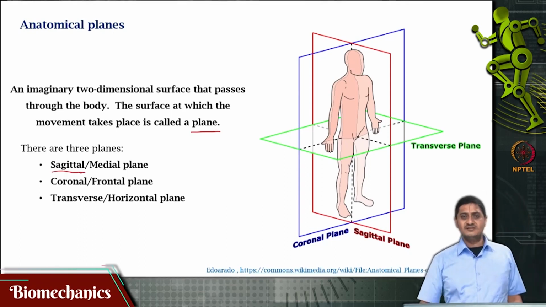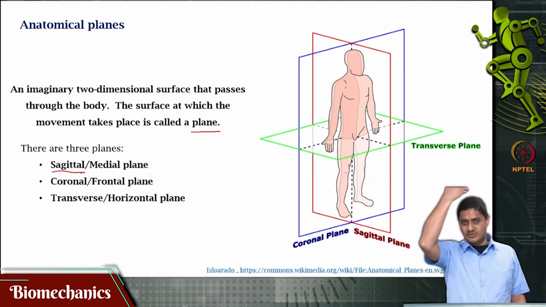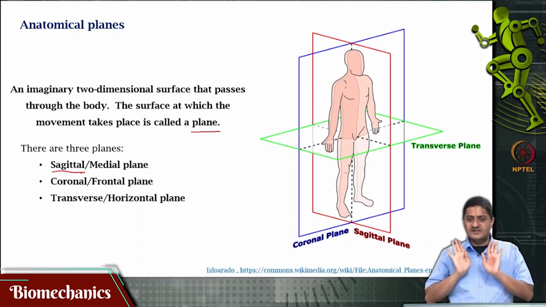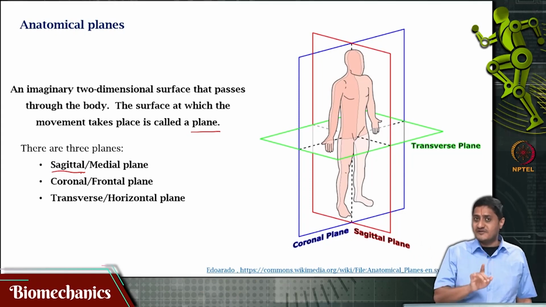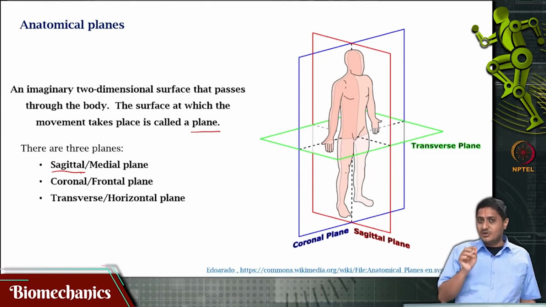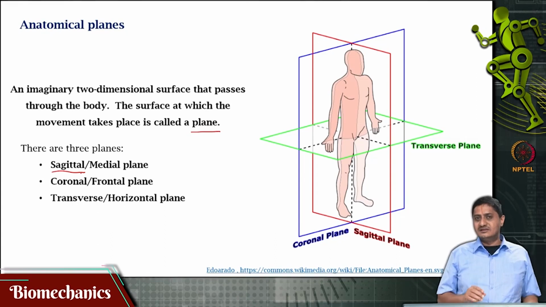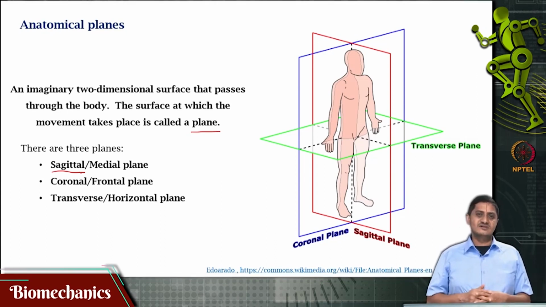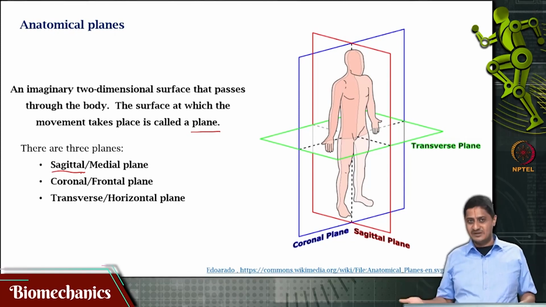Sagittal plane is that plane that is passing through my head and through my body, that divides my body into 2 sides, not necessarily 2 halves. The particular sagittal plane that divides my body into 2 equal halves is called the mid sagittal plane.